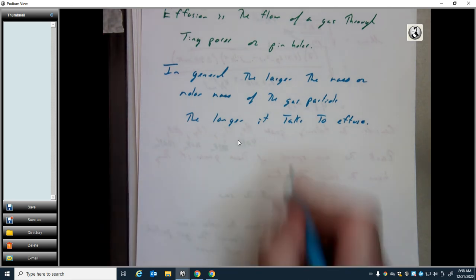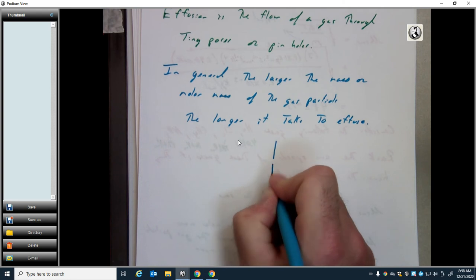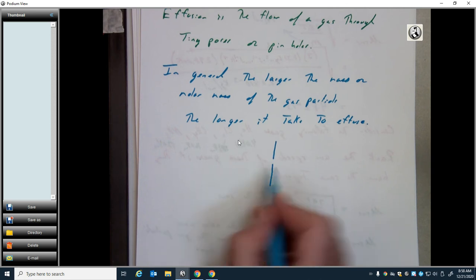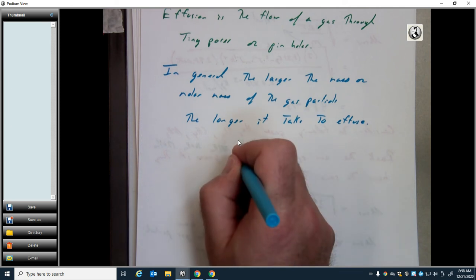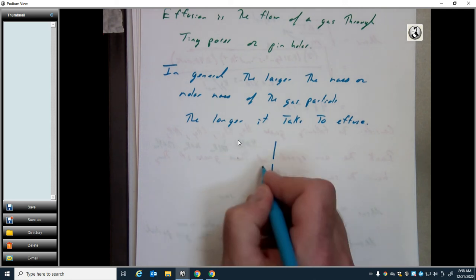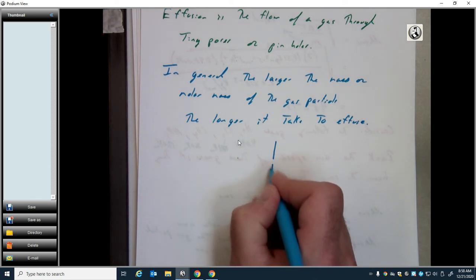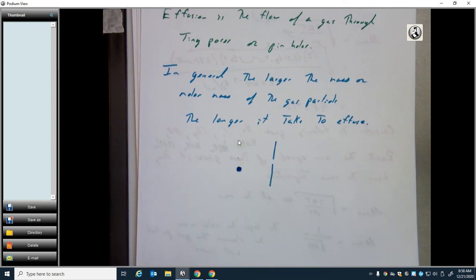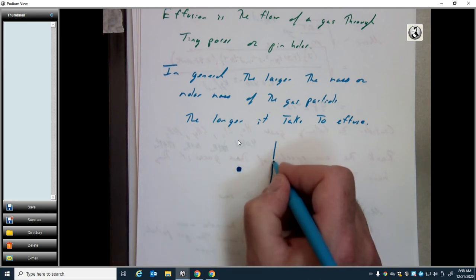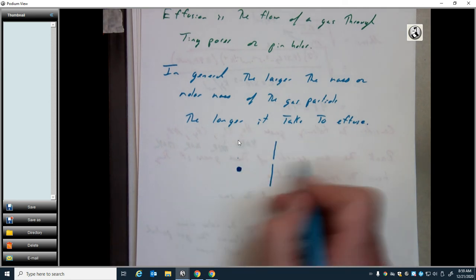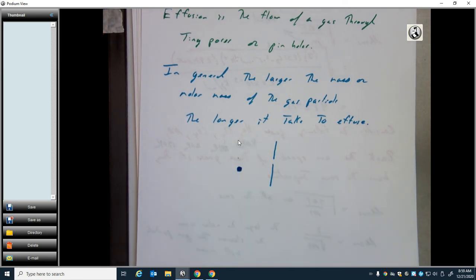Now, why is that? Okay, so let's say that we have a hole, and we have gas particles on this side. Effusion is the rate at which it'll go through this tiny hole. Now, if I have a very small gas particle, to go through there, it's got all this space. There's a lot of space for it to go through. But if I compare that to this guy, it's going to be a lot harder for him to get through just because he's so much bigger, which means it's going to slow down the rate at which it goes through those holes.